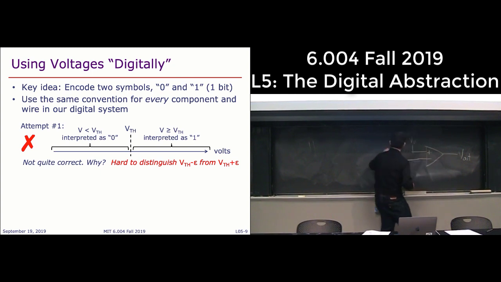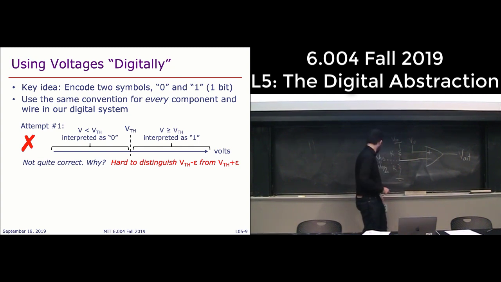And so we're going to choose two resistors that are the same, so that VTH is VDD over 2, right? This is a voltage divider, two resistors in series. This is the ratio of the values of the resistors, right? And so with two resistors that are equal on either end, this is going to be VDD over 2, right?